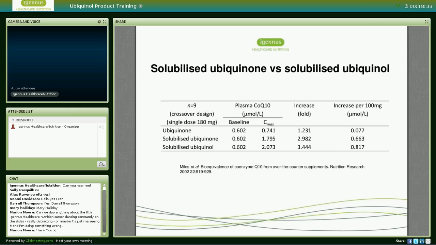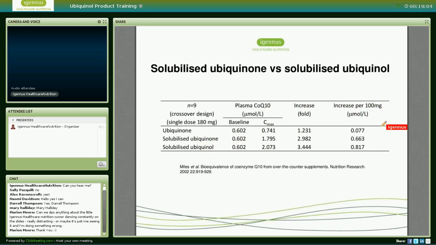This was a crossover design, so each individual ended up taking each of the 3 supplements involved. Again, we have our baseline, and because it was a single dose, we have a Cmax. This is the maximum plasma levels that were achieved. Again, we have an increase in fold and an increase per 100 milligrams related to the plasma levels of coenzyme Q10.